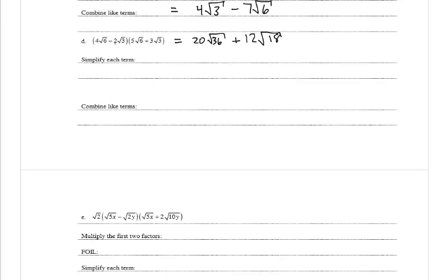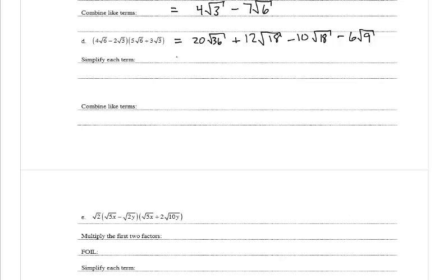And we have negative 2 square root of 3 times 5 square root of 6 is negative 10 square root of 18. And then we have negative 2 square root of 3 times 3 square root of 3, which is negative 6 square root of 9.